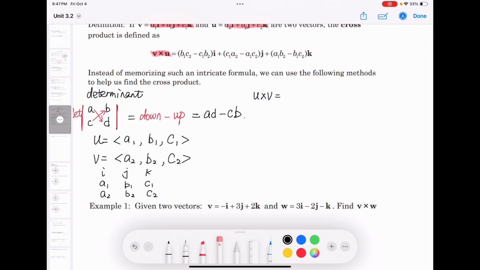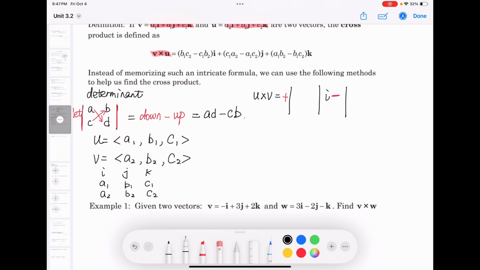So the first one is the determinant of a square matrix multiplied by I. And then, second is minus. So let's memorize that. The first one is positive. You can ignore this positive. Next term must be minus. Minus what?